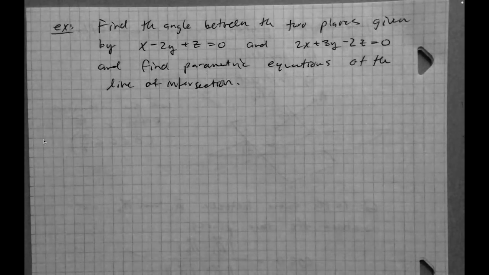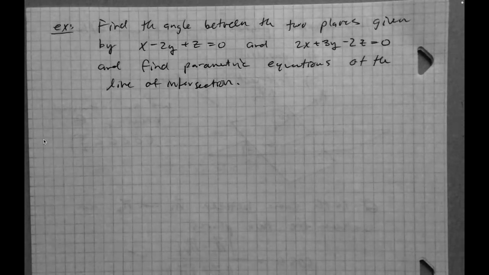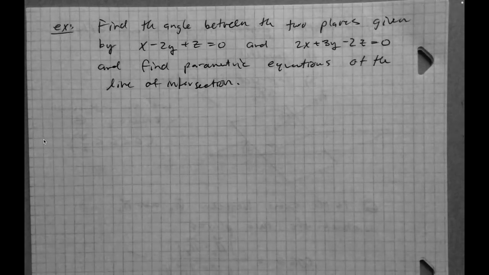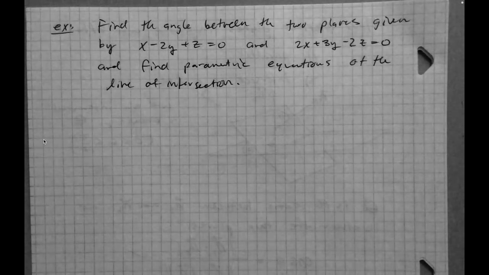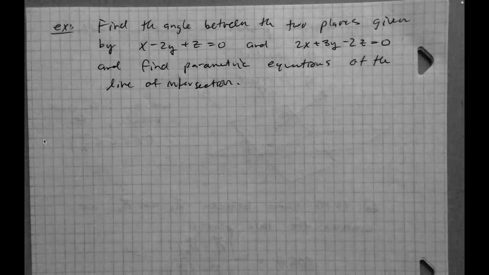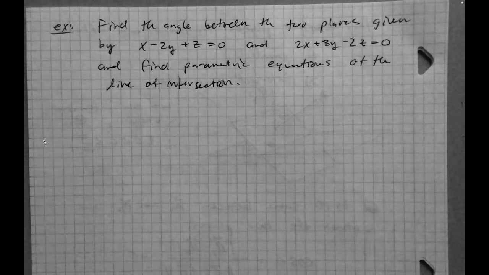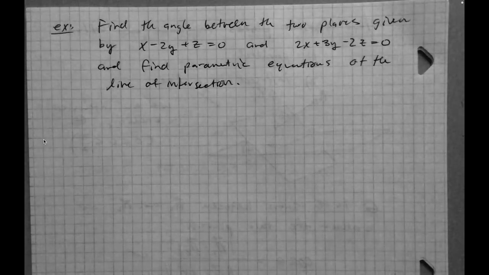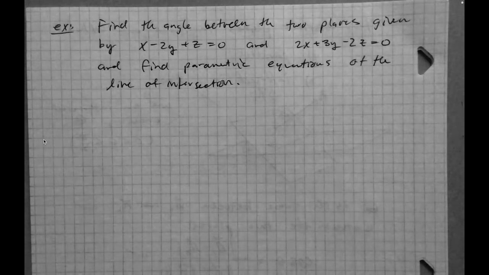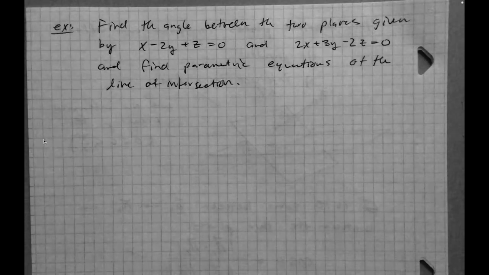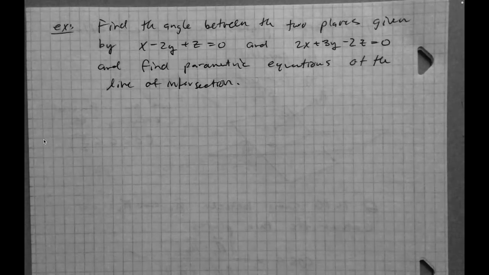From the given equations, we're given the equations of the planes. Those are the two equations that are given. Now remember how we constructed those. The coefficients for x, y, and z you can think of as the components of the normal vectors.